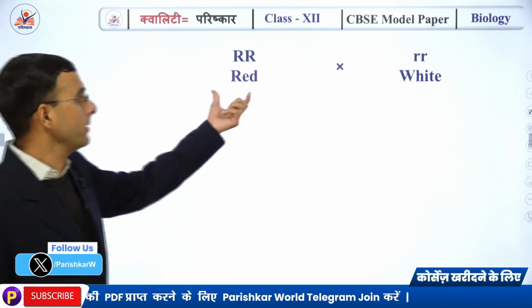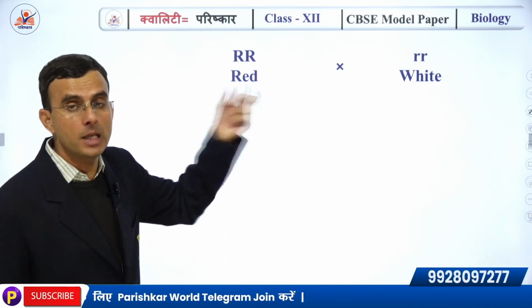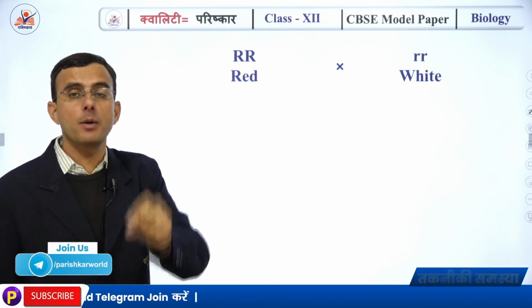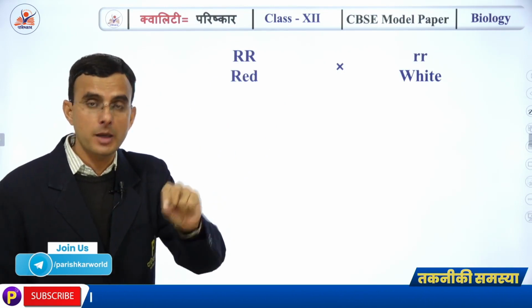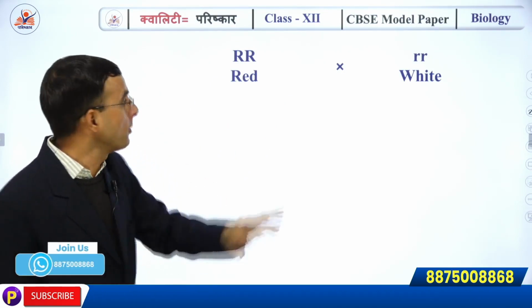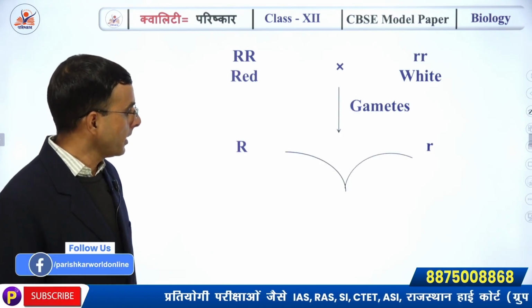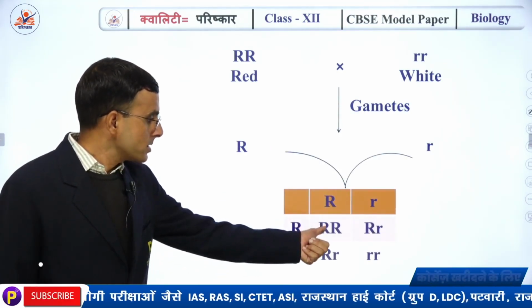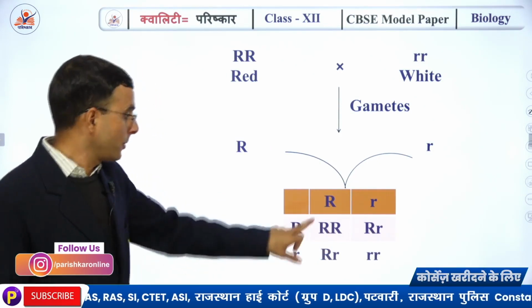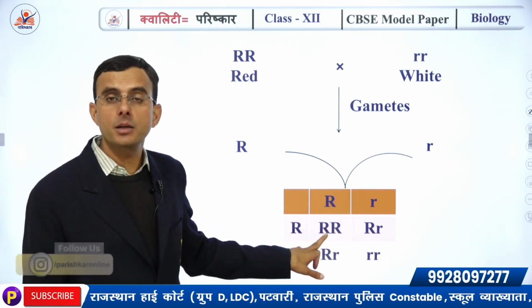This one is the parent in the form of incomplete dominance. That means the dominant allele is not able to express that particular feature in a dominant form. Look at the gamete formation, capital R and small r. The homozygous dominant exhibits the red color.